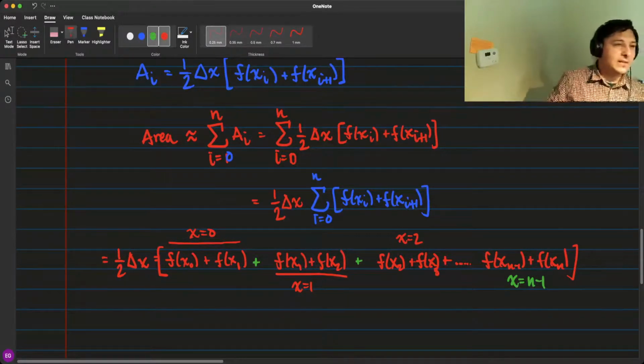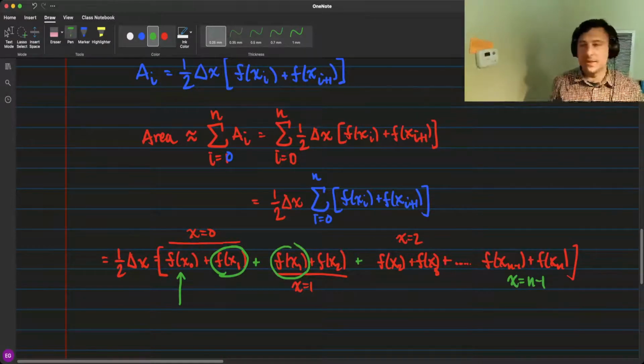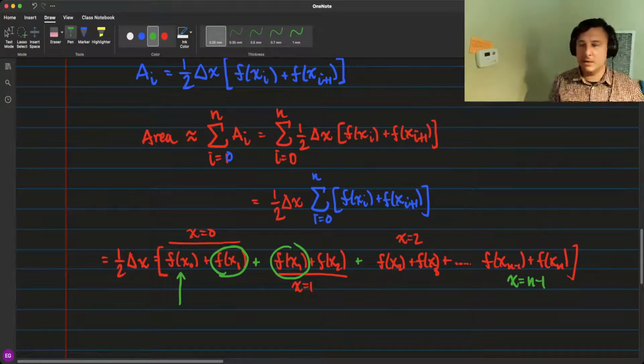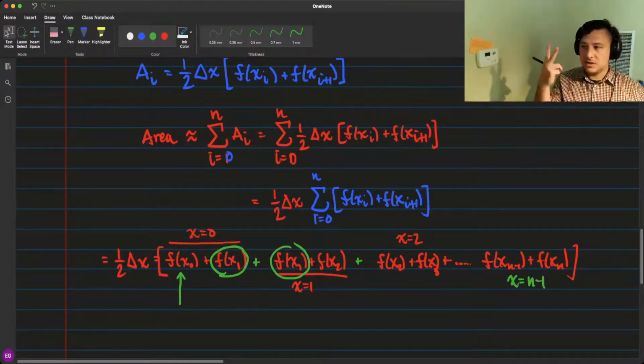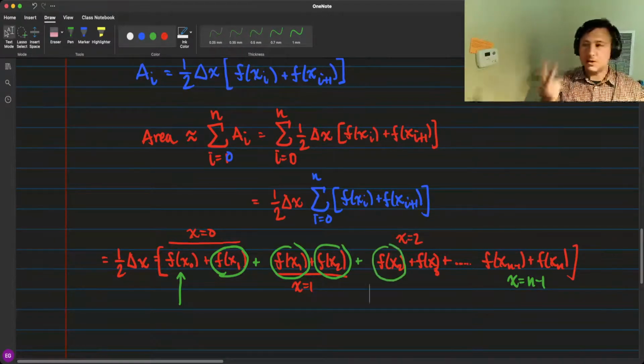Okay, now if you look at this, there's something really interesting that happens. Do you see how there's one f of x0? How many f of x1s are there going to be? 2. And how many f of x2s? 2.